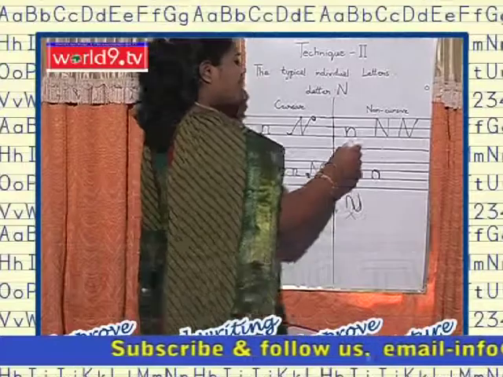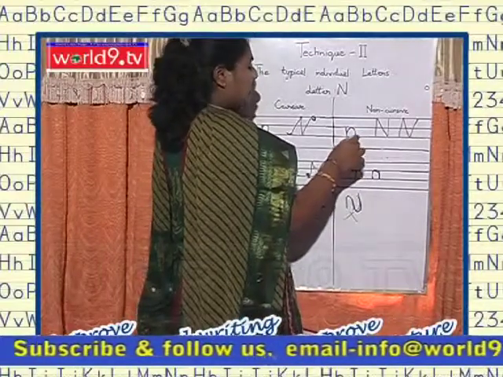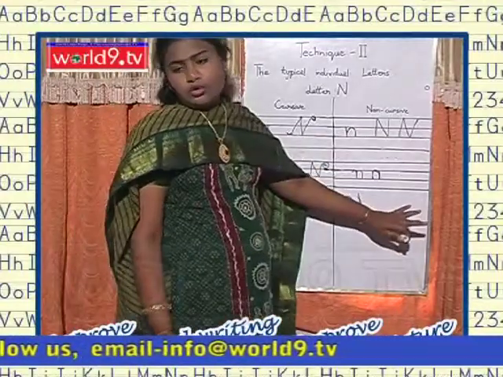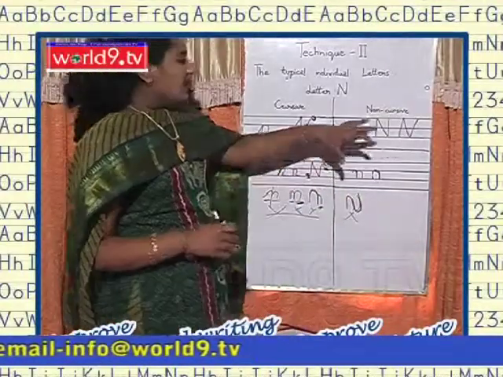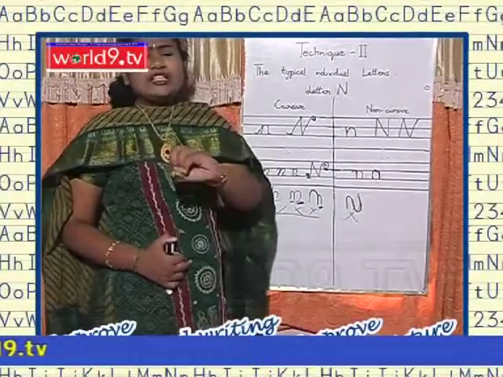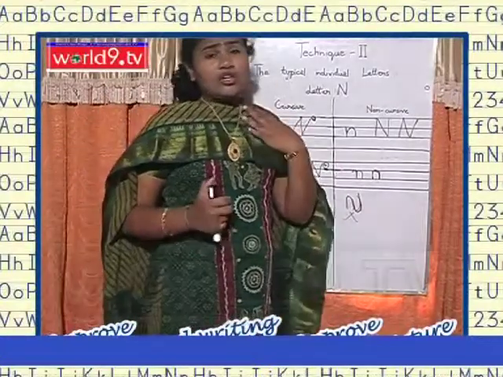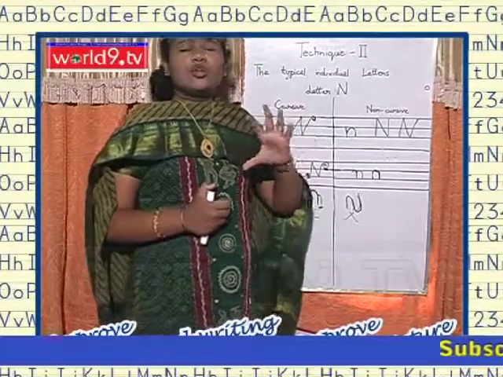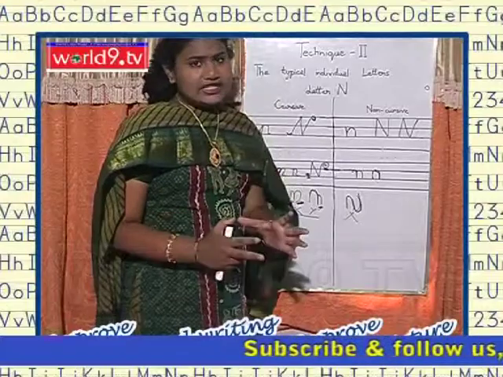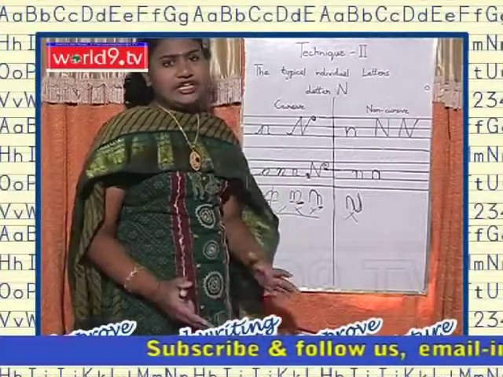And you can follow in non-cursive, in small letters only these 3, and in cursive only these 2. More than these 5 letters in non-cursive, you should not give any sort of bending or more forward degree bending. In bendings also, only 90 degrees and 80 degrees in any letter.